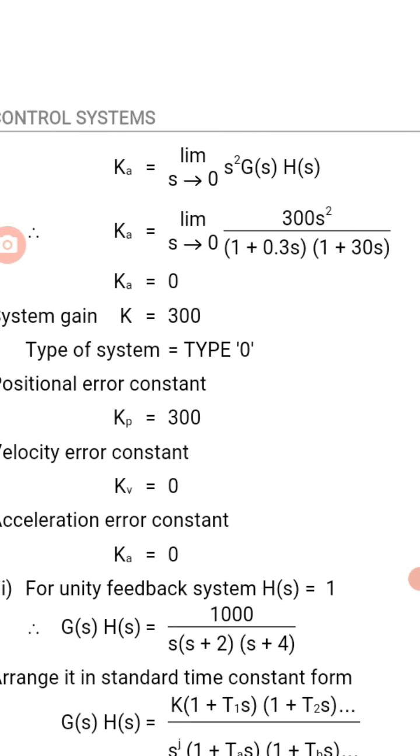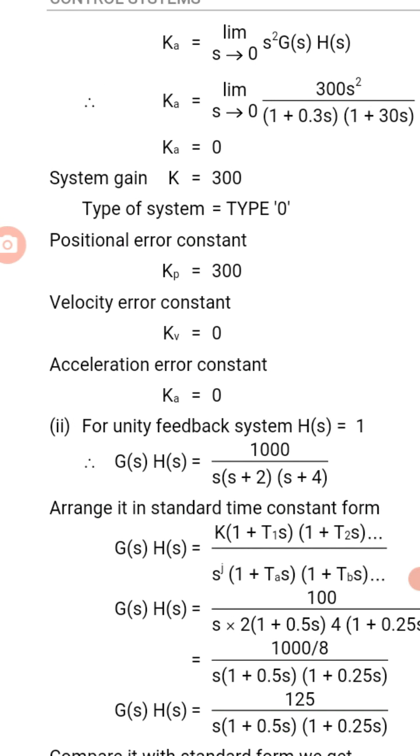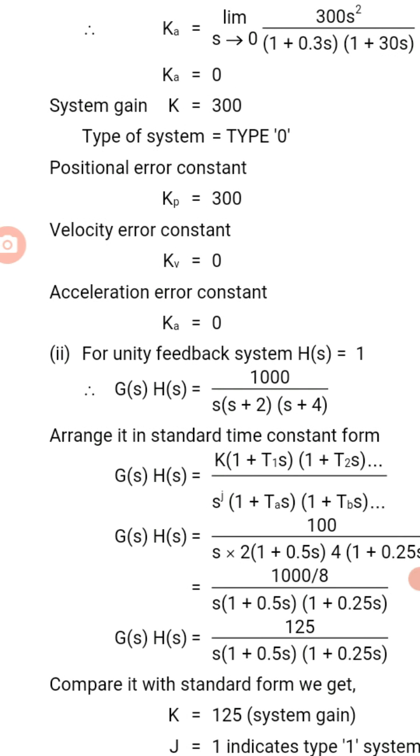System gain is equal to 300. Type of system is 0. So the positional error constant Kp is equal to 300, velocity error coefficient is equal to 0, and acceleration error coefficient is equal to 0.